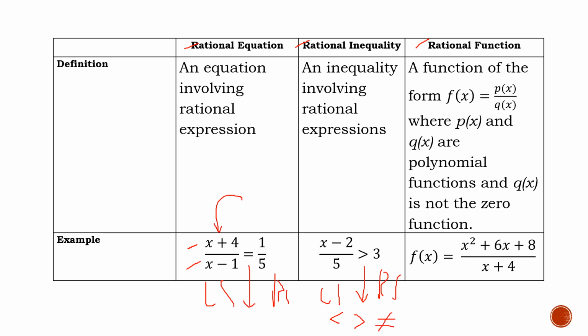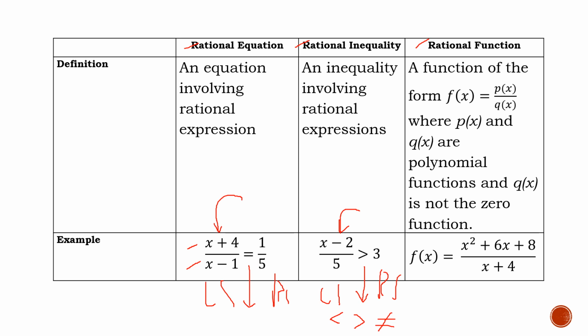As long as your symbol here between your right side and left side shows inequality, or shows that your left side is not equal to your right side, and there is an involvement of rational expression, which is x here, x minus 2 here, then your given is a rational inequality.